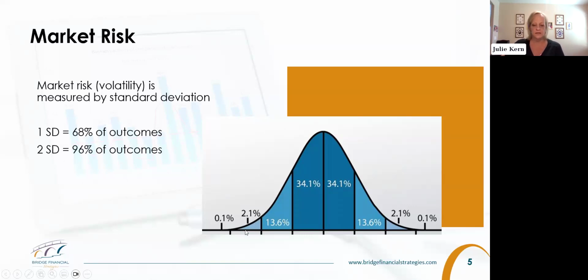If there's 96% in the middle and 4% on either side, that means that in 100 years you would still expect 4 times out of 100 to be either in this 2.1% on the negative side or this 2.1% on the positive side. So twice in 100 years, we would expect a market occurrence similar to what happened in 2009, if that makes sense.